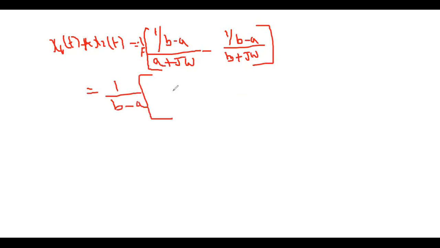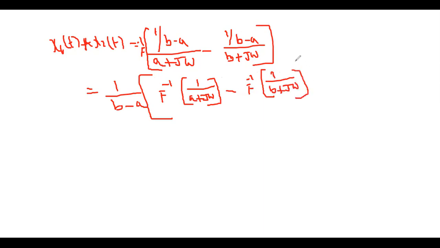What is the inverse Fourier transformation of 1 by (a plus j omega) minus the inverse Fourier transformation of 1 by (b plus j omega)? Okay, my dear students.